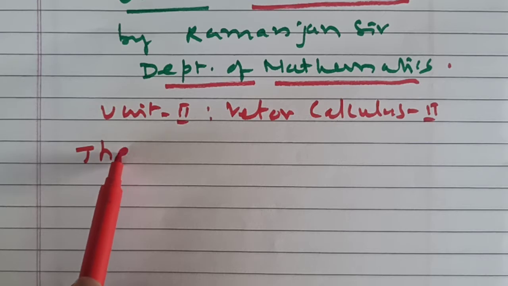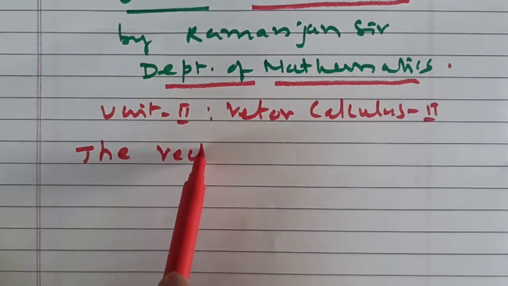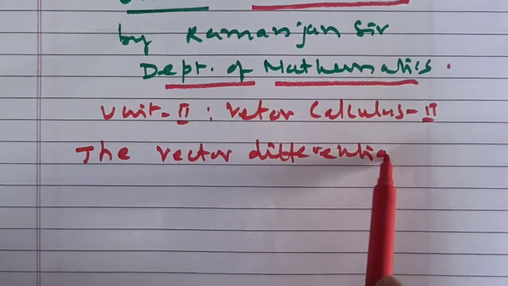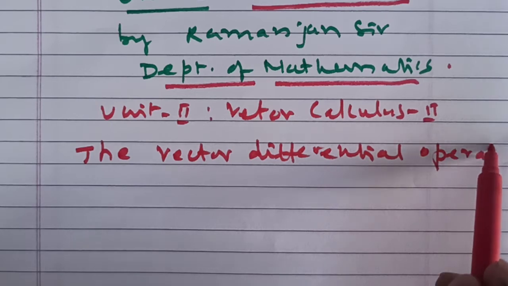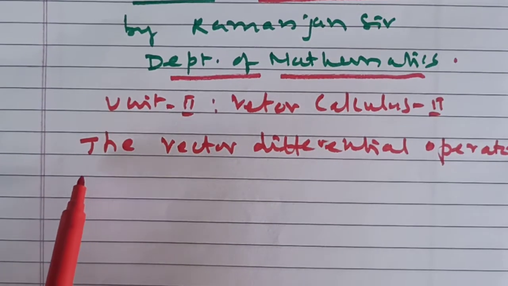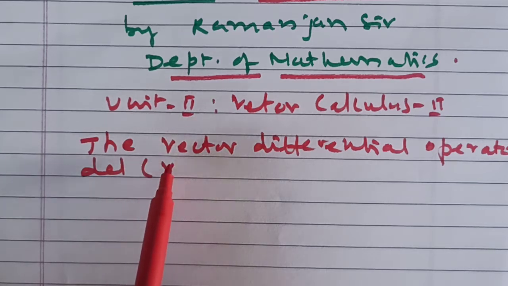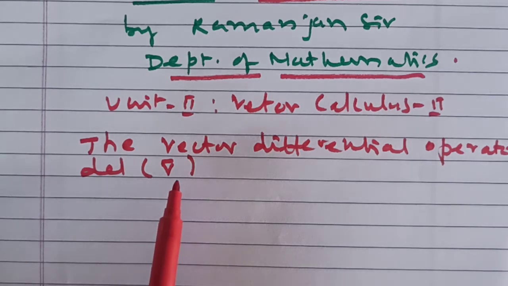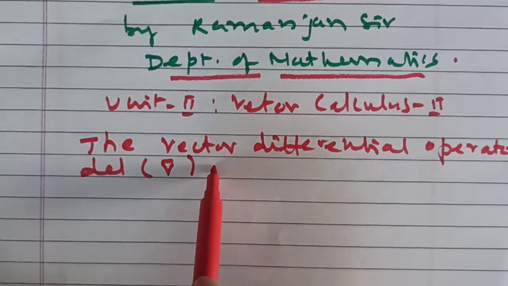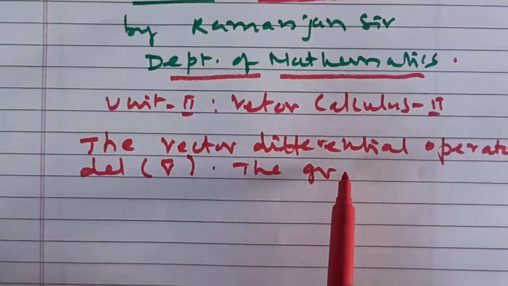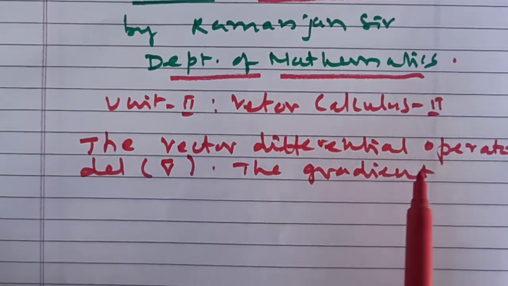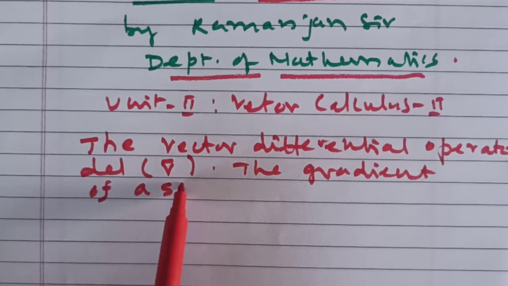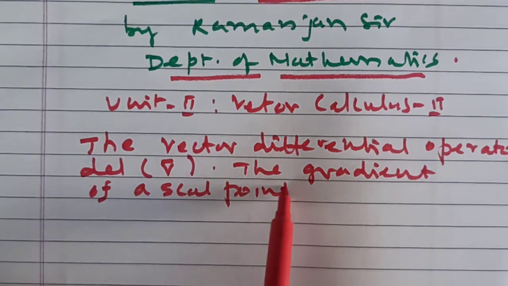The first one is the vector differential operator. Vector differential operator del. In notation, we call this del.